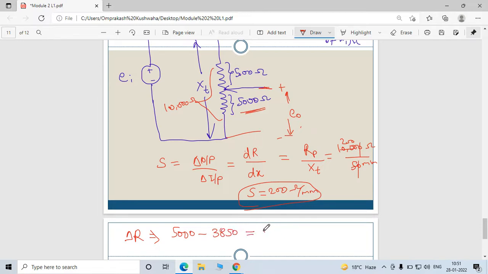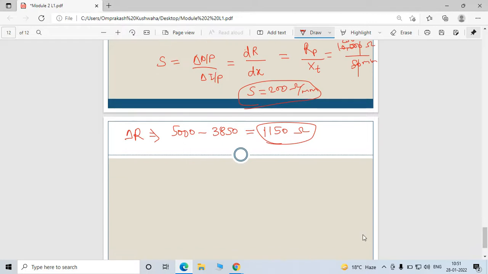So what is the change in resistance? 5000 minus 3850 is 1150 ohm. That much amount of resistance you are changing.